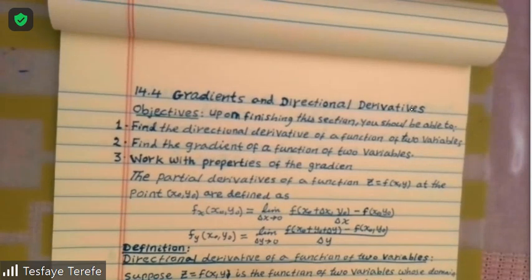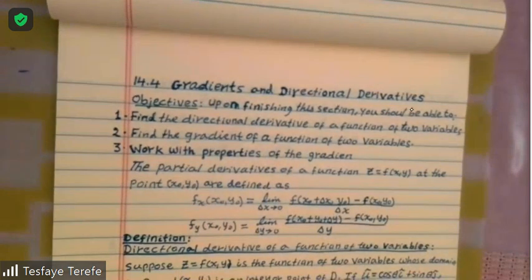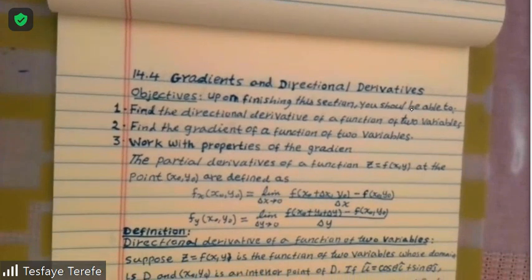So if u is a unit vector, which is defined by trigonometric functions because they can cover everything, cosine of theta i plus sine of theta j, and theta is between 0 and 2 pi, the directional derivative of f at the point x sub 0, y sub 0 in the direction of the unit vector is a number. Remember, it is a number because it is the rate of change.